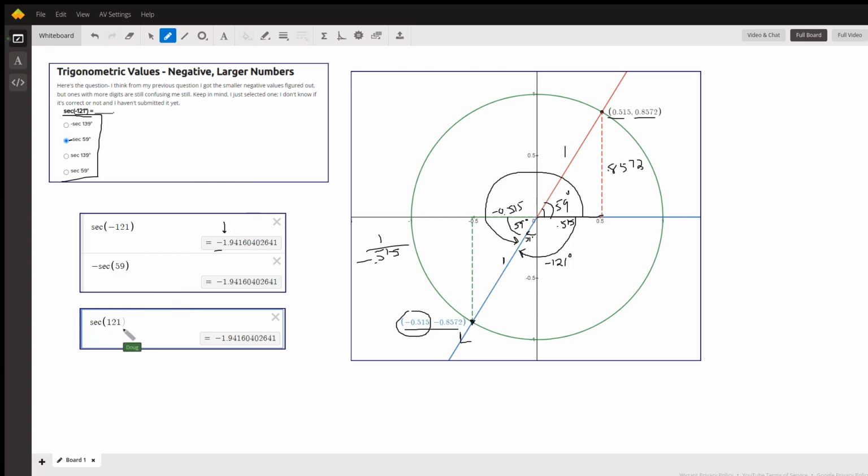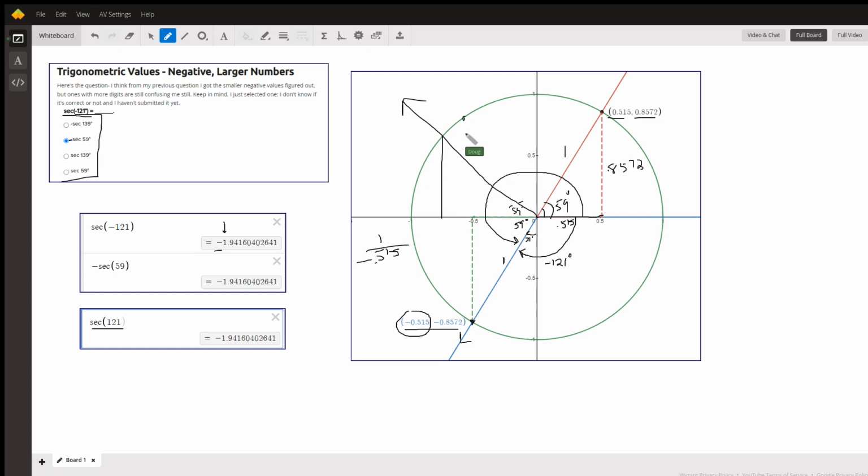Or, by the way, secant of 121, where's 121? 121 is over here, where this is a 59-degree angle right here. Well, I didn't draw that very well.